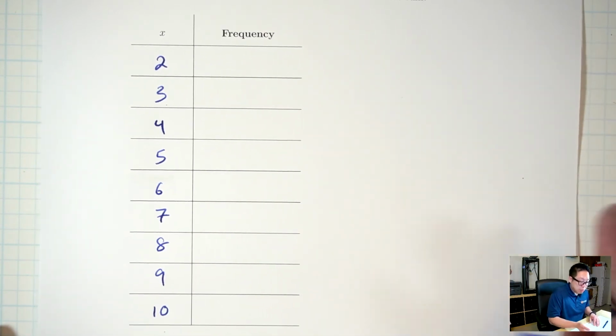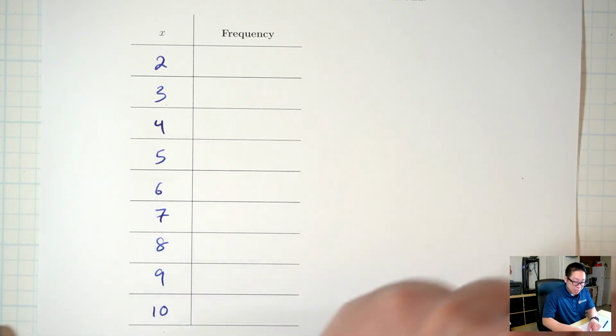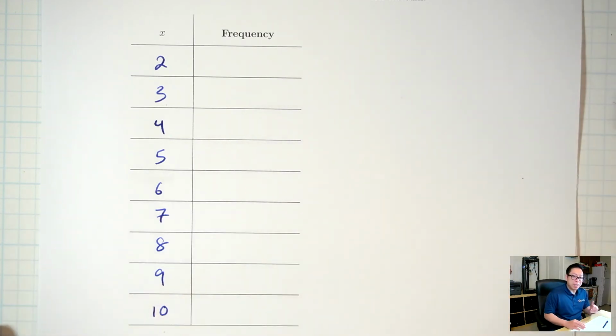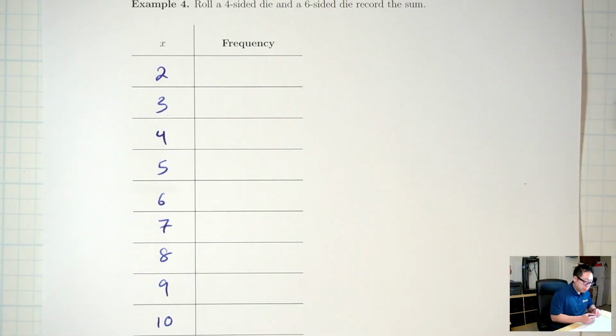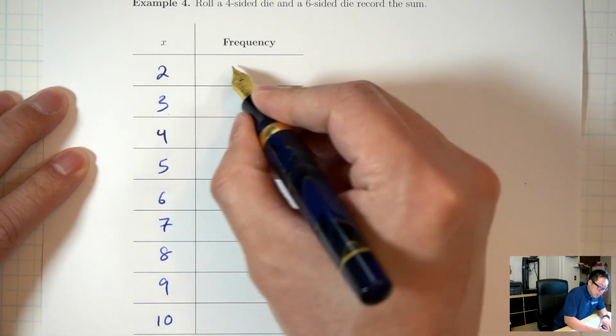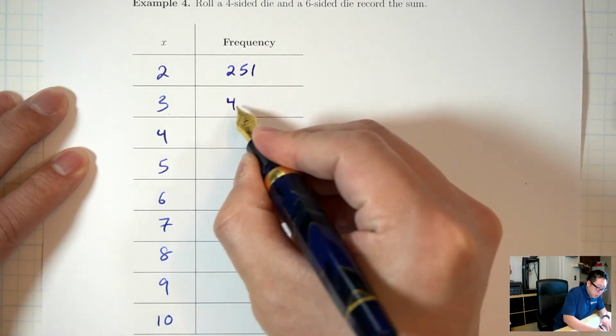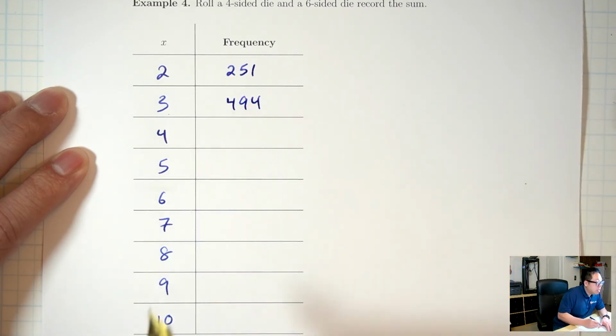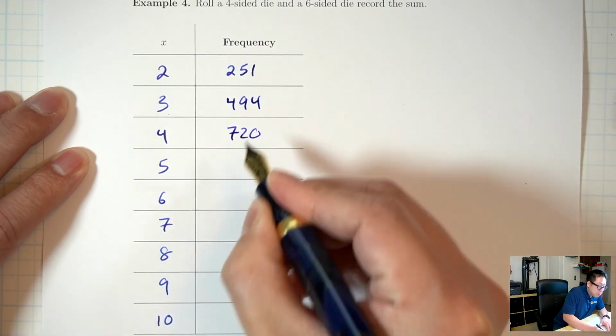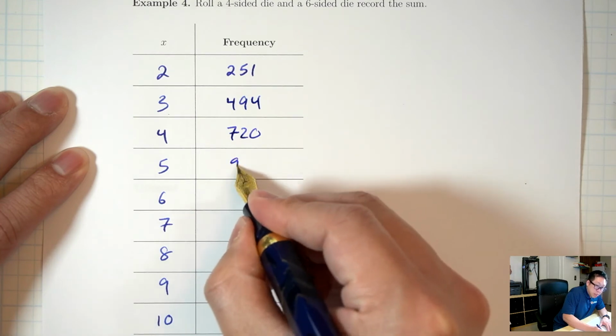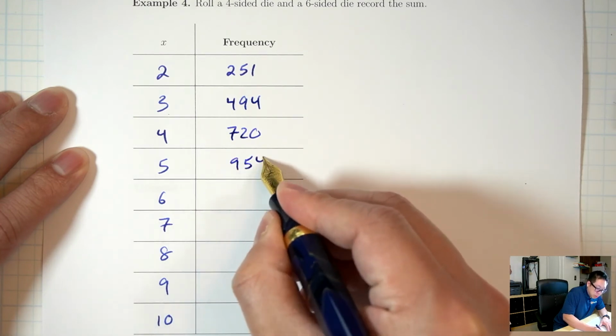And I actually did this already over the weekend. I did it a lot of times. Let me tell you what I got. I got a 2, 251 times. I got a 3, 494 times. I got a 4, 720 times. I got a 5, 954 times.